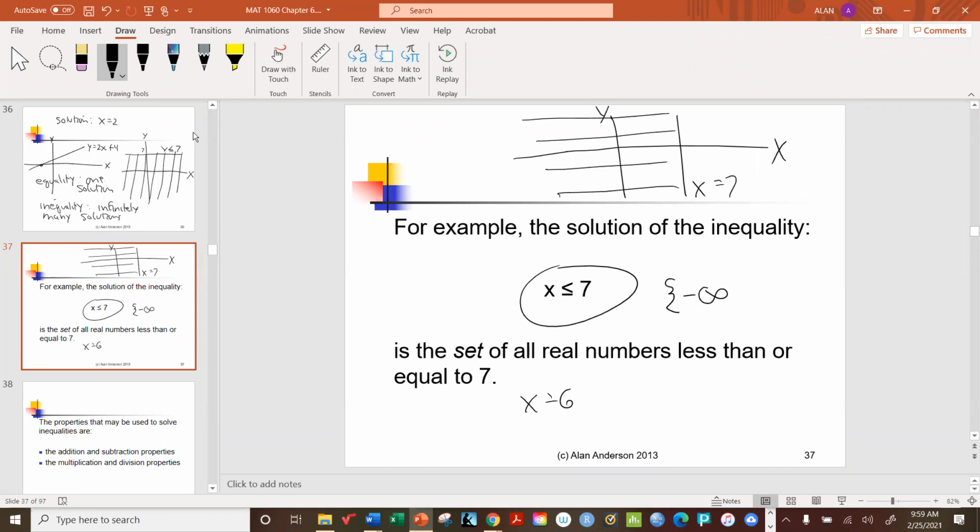Minus infinity, or actually not like that. You could write it as an interval from negative infinity up to and including 7. These are the solutions. And you can see it's an infinite set. That means it covers everything to the left of x equals 7. Now that's going to have an influence on the way we solve it.